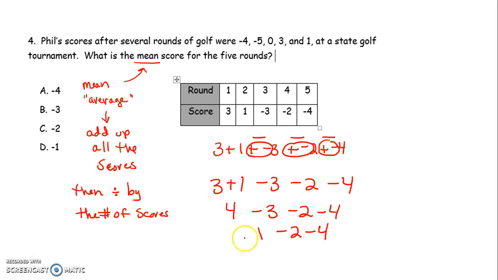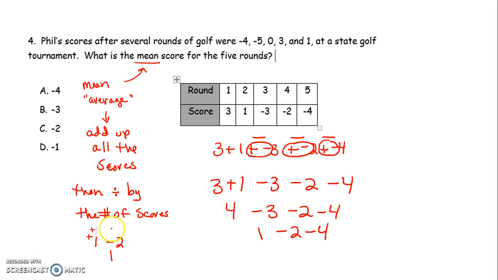All right, now we have to say 1 minus 2. So if I have 1 minus 2, are those signs the same or are those signs different? Those signs are different. I'll find the difference and keep what I have more of. What's the difference between 2 and 1? 1. What do I have more of? I have more negatives.